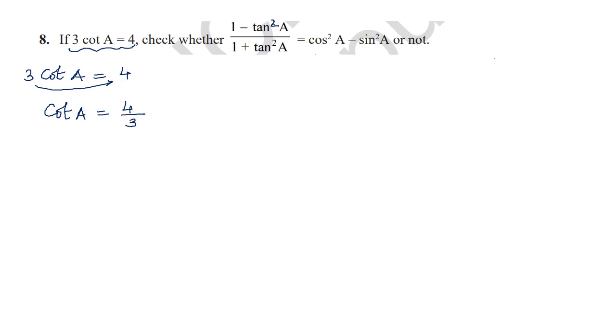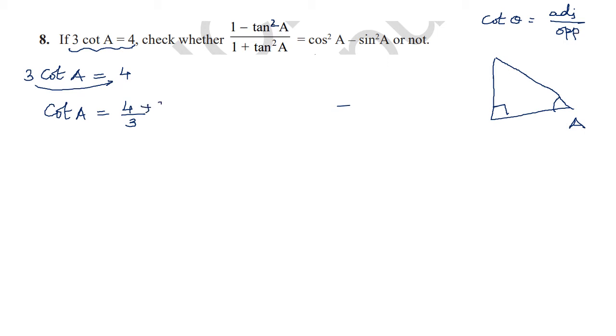So we have a right angle triangle in which A is not the right angle. So cot A is equal to 4 by 3. So what is the opposite side? Cot theta is equal to what? Cot theta is adjacent by opposite.